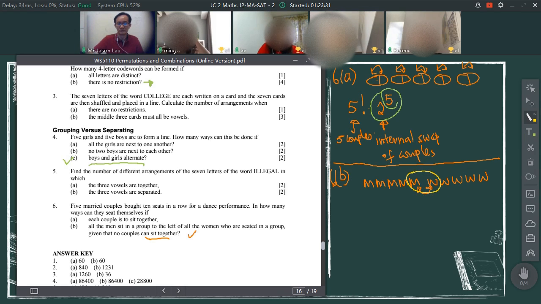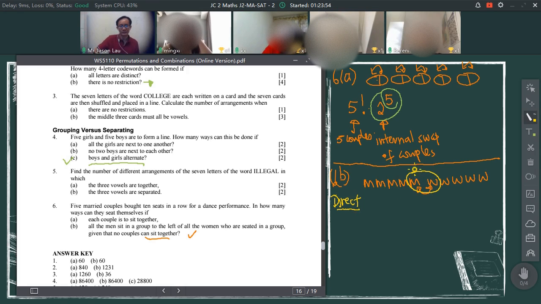Is it the complement method? You can do a variety of methods. You can do complement or you can do direct method. Let's look at the direct method first.